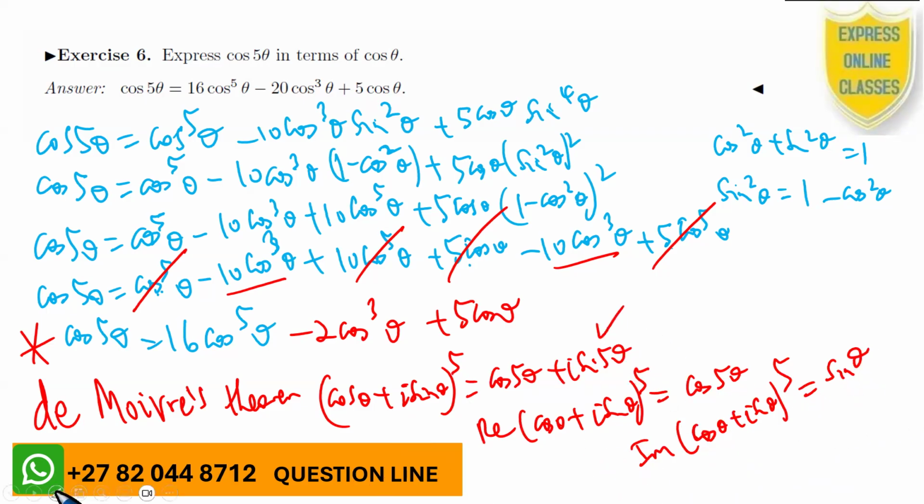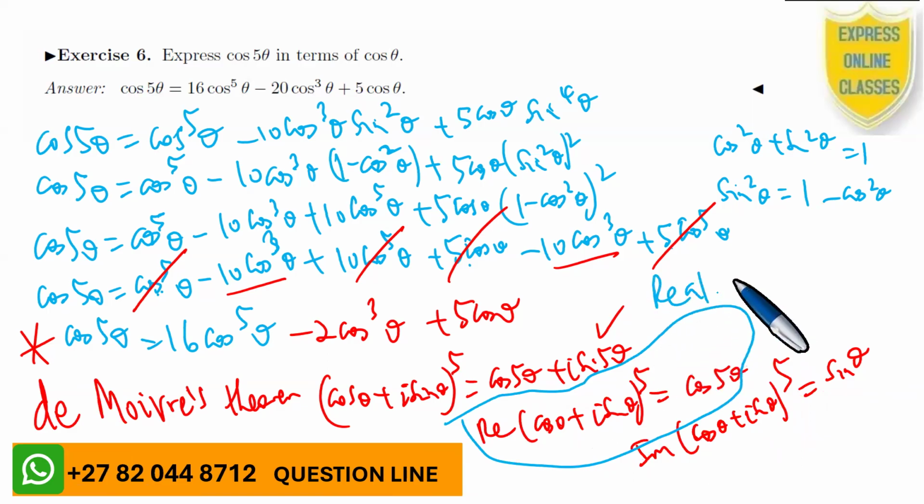So if you take the real part of this thing, it's equal to that, which is the real part. Right, and this Im stands for the imaginary part. Okay, so we've proven this one now.